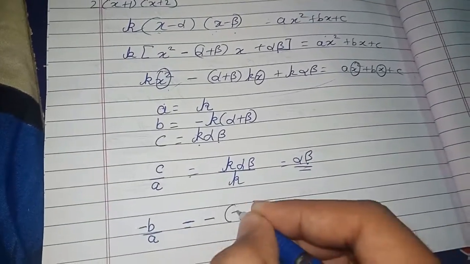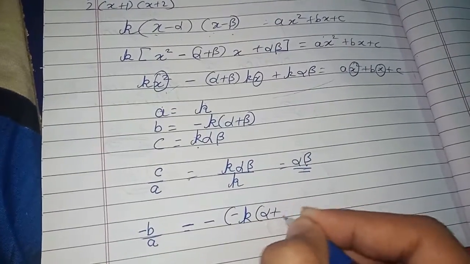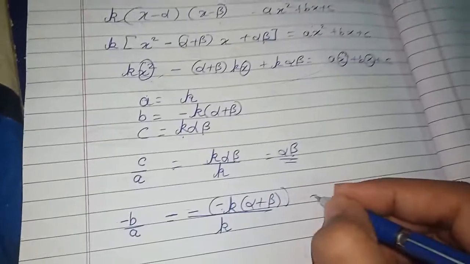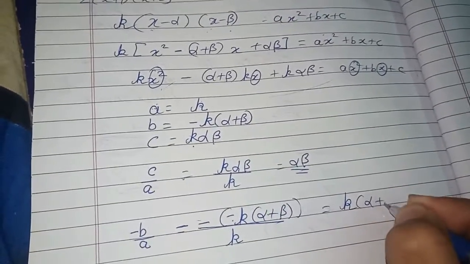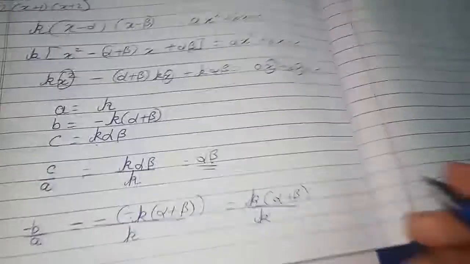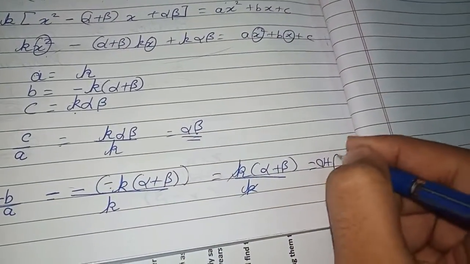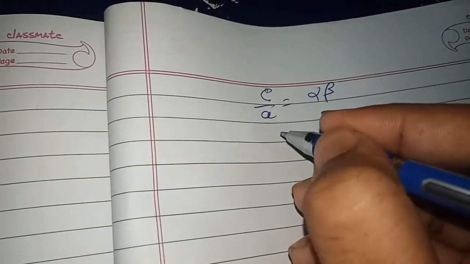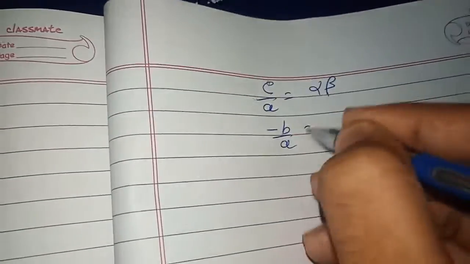So we will get minus of minus k(alpha plus beta) upon k, which is k(alpha plus beta) upon k. So here we will get alpha plus beta. Voila, we got two values: c by a equals alpha beta and minus b by a equals alpha plus beta.